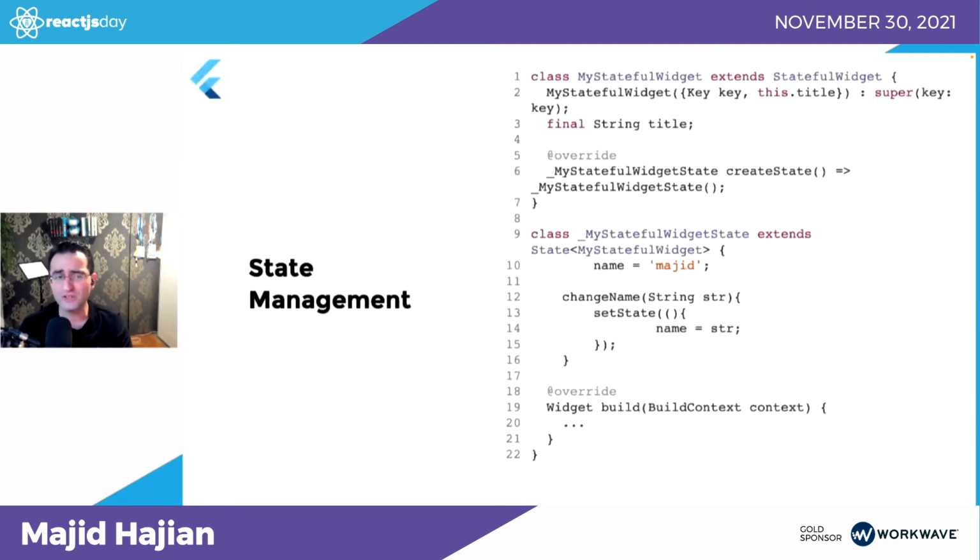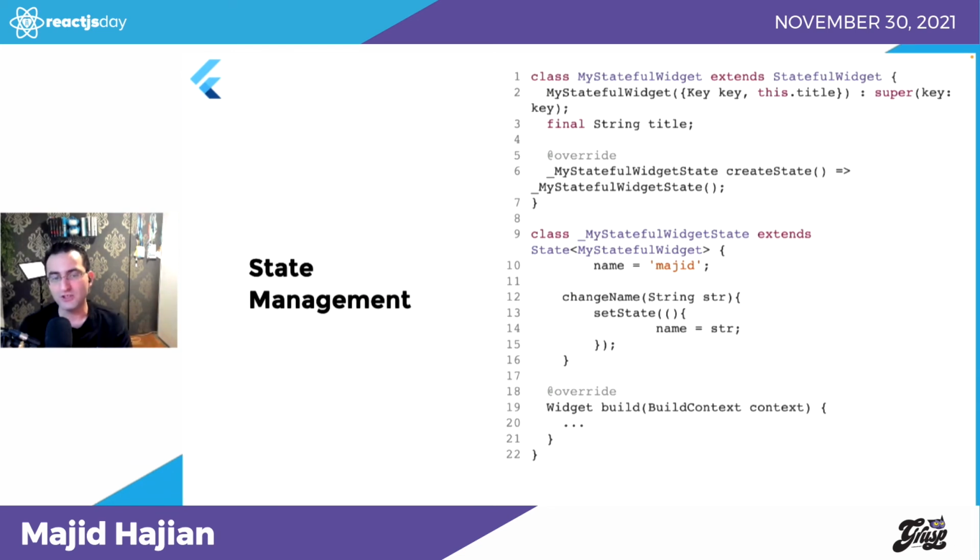How about state management? Flutter comes with a StatefulWidget out of the box, like a simple state management. In React, you're going to use setState, for example, and you define your state, either with hooks or with class-based state management. So in Flutter, you will create a state which is going to define your variable. In this case, for example, look at the name.